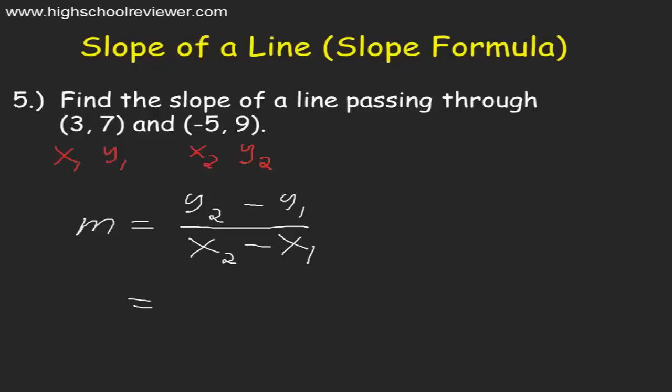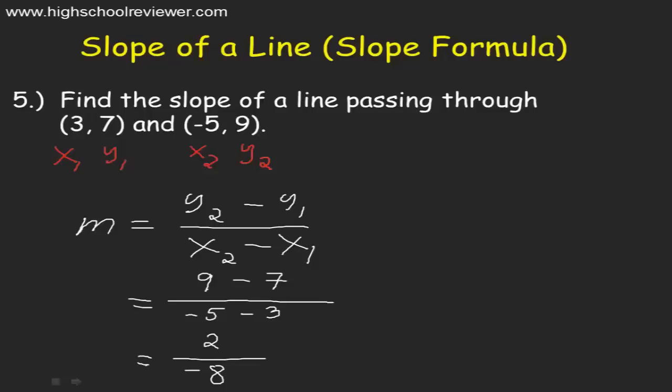So the value for y sub 2, that is positive 9, minus the value for y sub 1, which is positive 7, divided by x sub 2, that is negative 5, minus the value of x sub 1, which is positive 3. 9 minus 7, that is positive 2, divided by negative 5 minus 3, that will give us negative 8.